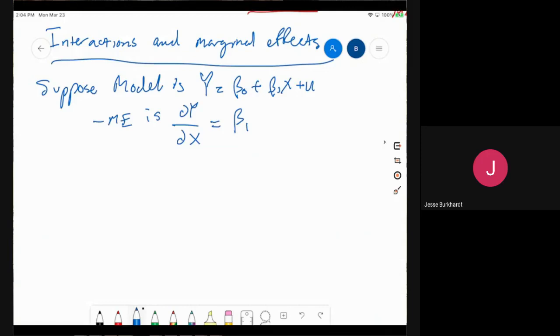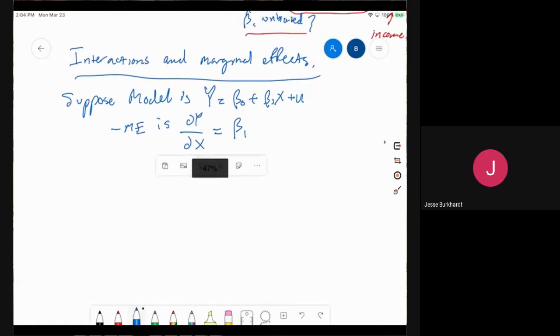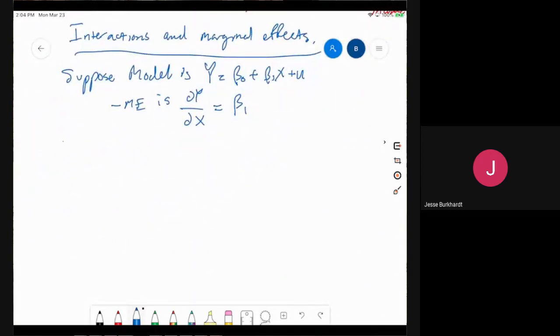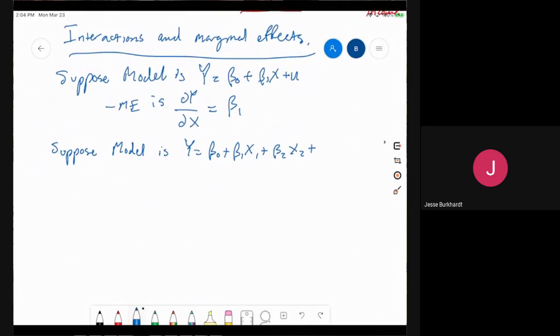Now let's look at a second example. Suppose the model is y equals beta 0 plus beta 1 x1 plus beta 2 x2 plus u. Gotta have our u in there. What is the marginal effect of x1?